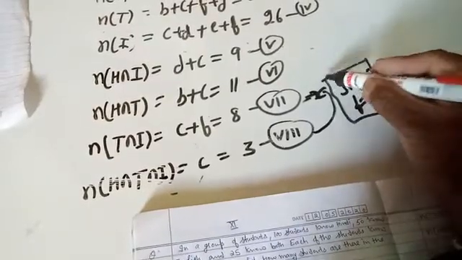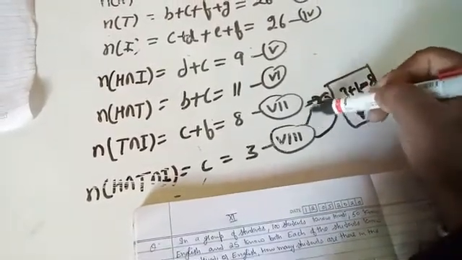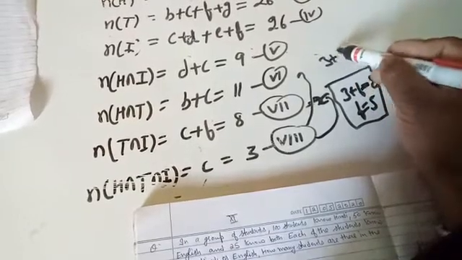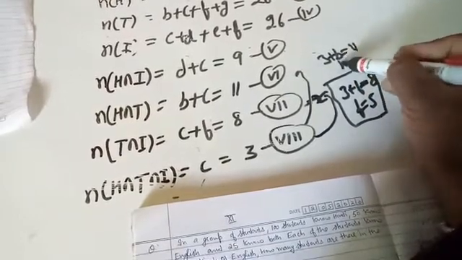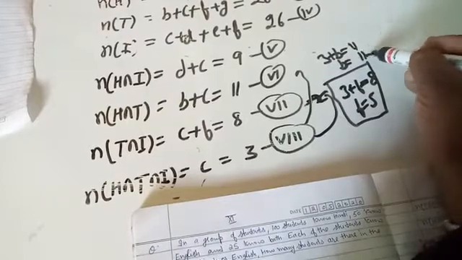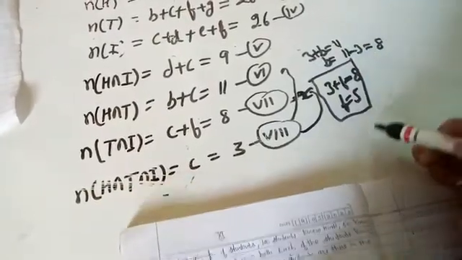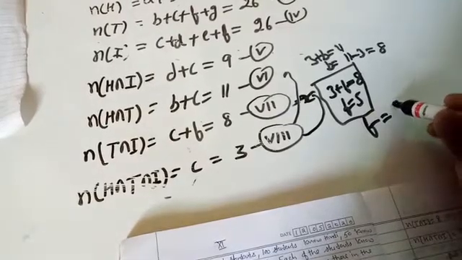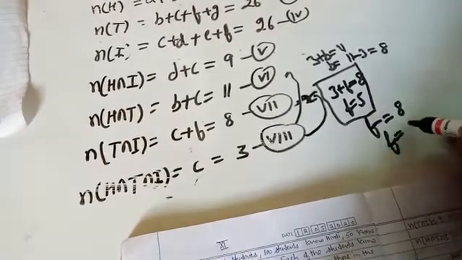So the value of F is 5. Similarly, B plus C means 3 plus B is equal to 11, B is equal to 11 minus 3, 8. In this way we got the value of B is 8, F is 5.